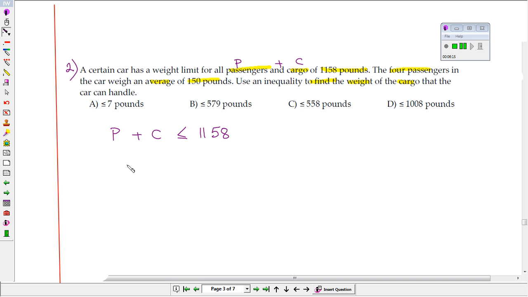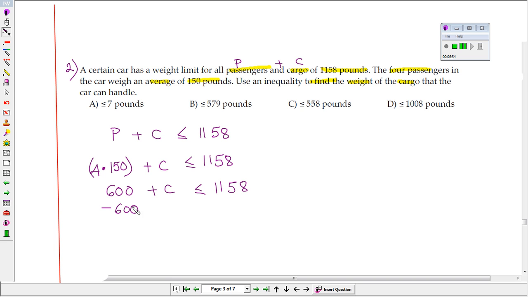Since the next statement says there are 4 passengers, each 150, we do 4 times 150 for P, plus C is less than or equal to 1,158 pounds. Simplify, that gives us 600 pounds for the passengers plus the cargo, which we don't know, is less than or equal to 1,158.